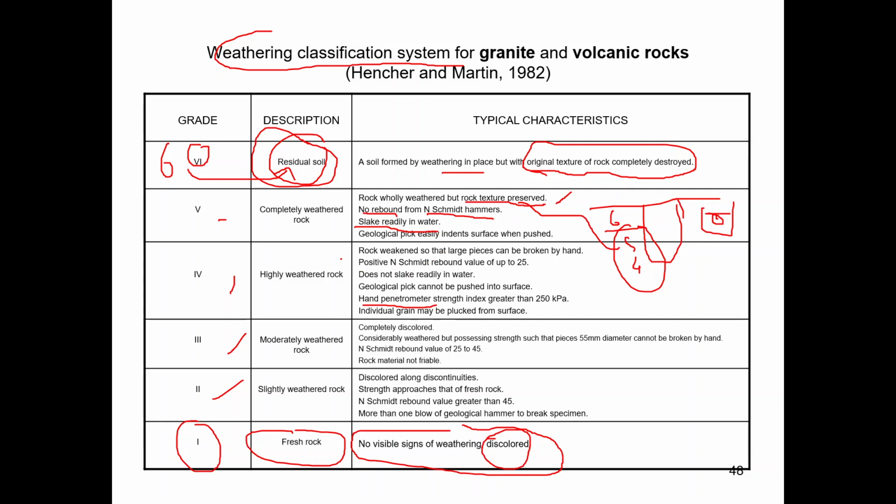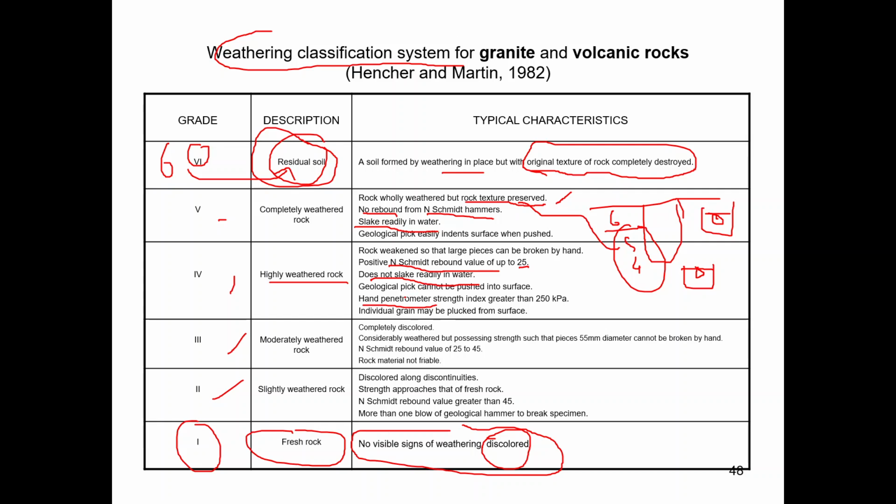Second, grade number 4, which is highly weathered rock, is classified as having a low Smith hammer value of up to 25, and it does not readily slake in water. So if you put that sample in water, it still remains the same.